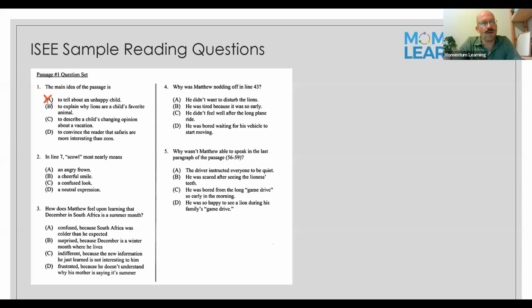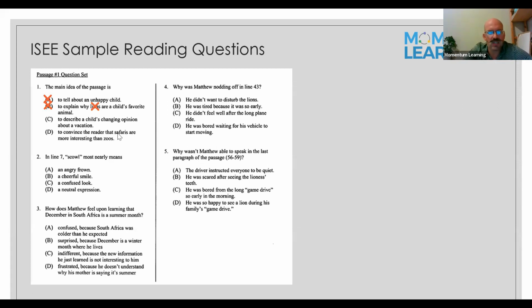So it's not focused on the lions. There are lions in the story, but it's not the focus of the story. So that makes 2 an answer that can go away.